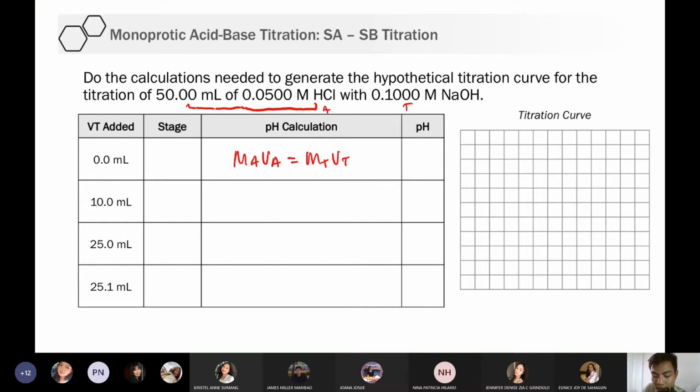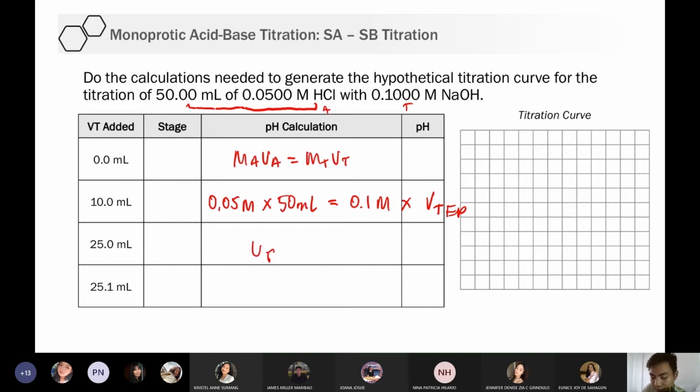So, ano yung molarity ng analyte? 0.05 molar times volume ng analyte, 50 ml. Equals, ano yung molarity ng titrant natin? 0.1 molar times what volume at equivalence point. Okay, so ito yung missing natin. Volume of titrant at equivalence point.